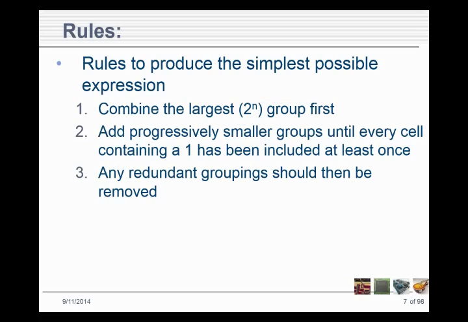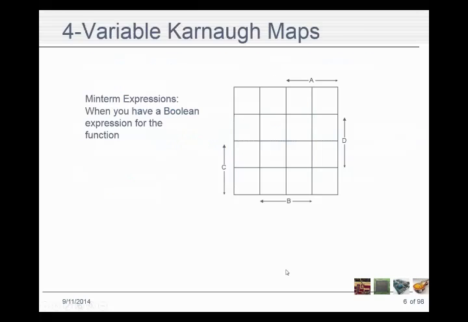You can put a don't care as part of a group if it simplifies it, and you cannot put it as part of a group if it makes it harder. So let's say here again we had a 1, a 1, a 1, and this one was a don't care. Well, that helps, because then I can group these 4. Without it, I've got these 2 and these 2. That's not simplifying it.